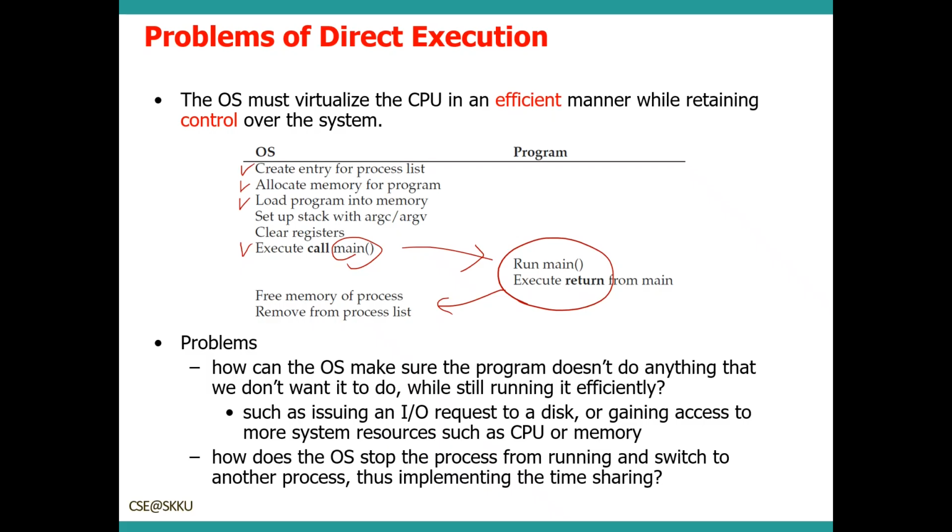First, if we just run a program, how can the OS make sure the program doesn't do anything that we don't want it to do while still running it efficiently?